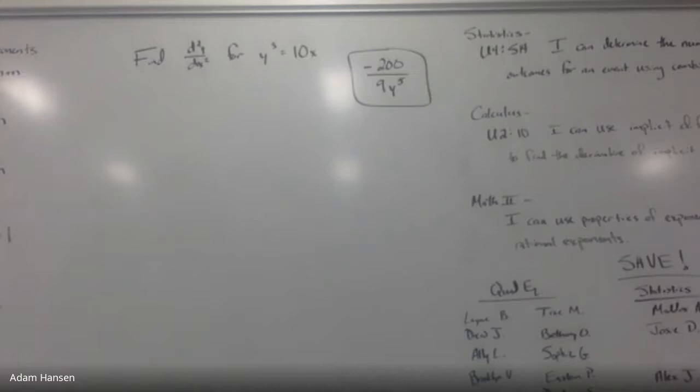I need to take 10 times 6 times 10 divided by 3. What's 6 divided by 3? So that's 10 times 2 times 10. You have negative 200y over y squared divided by 3y squared.